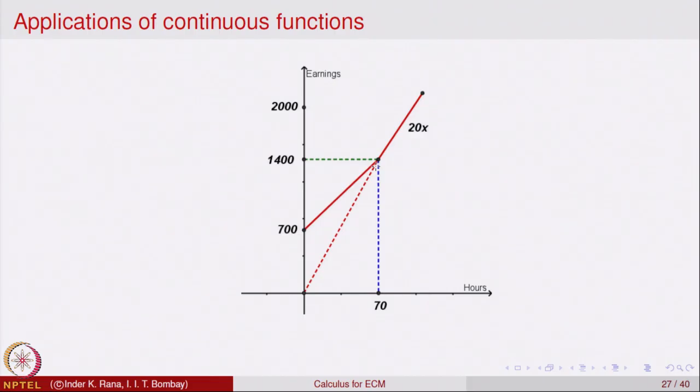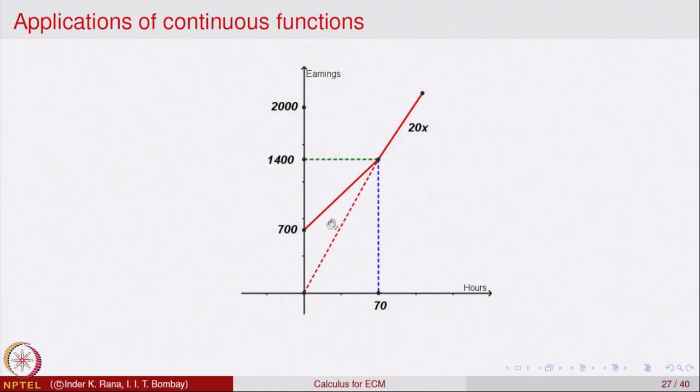At 70 hours, his earnings become 1400, and after that his increase becomes much better, because he does not have to give back 50%, so it is equal to 20x. It is the same old graph that starts here.